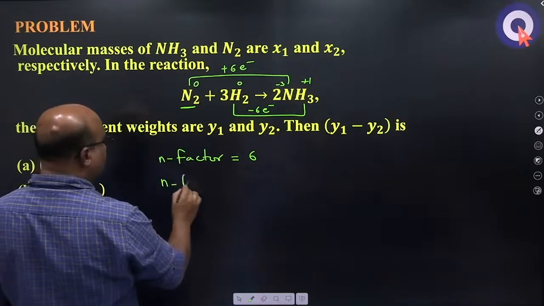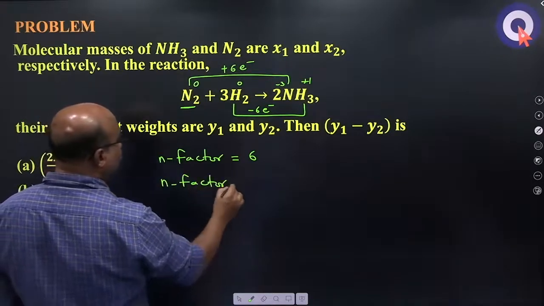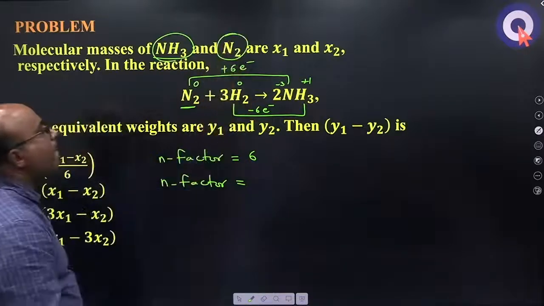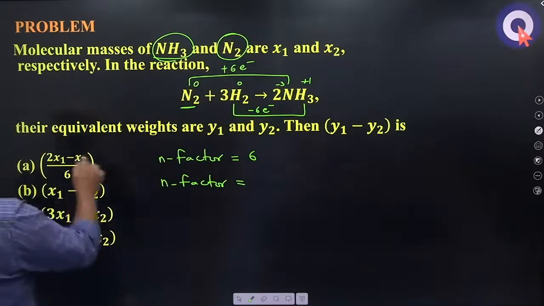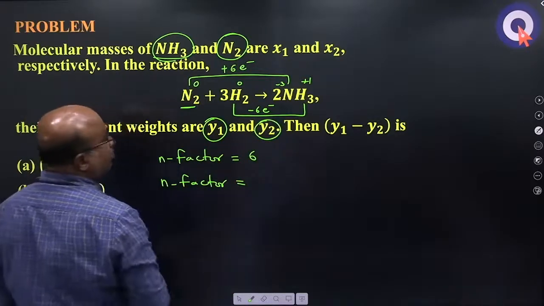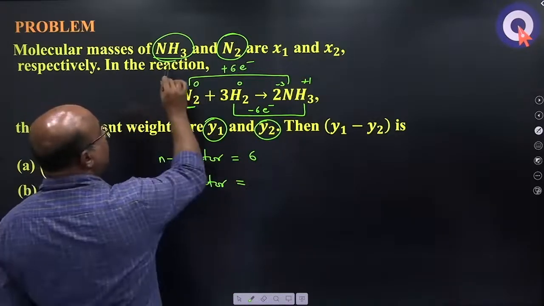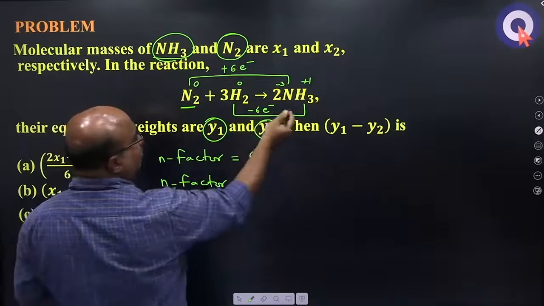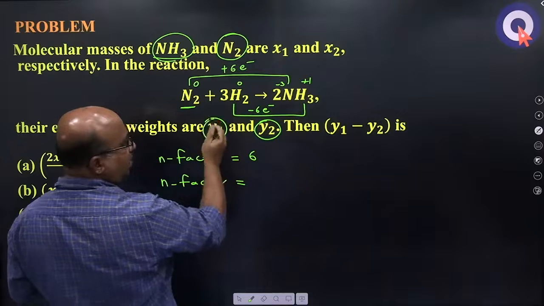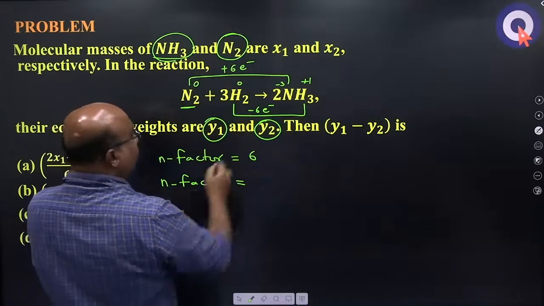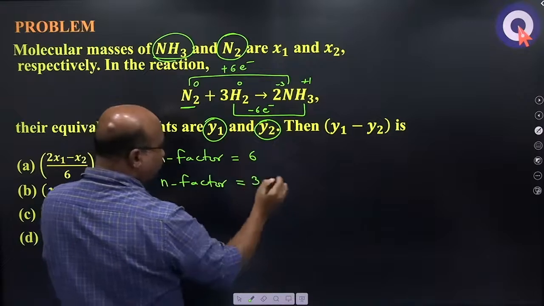And suppose we are only using NH3 and N2 in this, their equivalent weights are Y1 and Y2. So what is the NH3 equivalent mass? The N factor of NH3: for 2 moles, 6 electrons are involved in the reverse process, so the N factor of NH3 is 3.